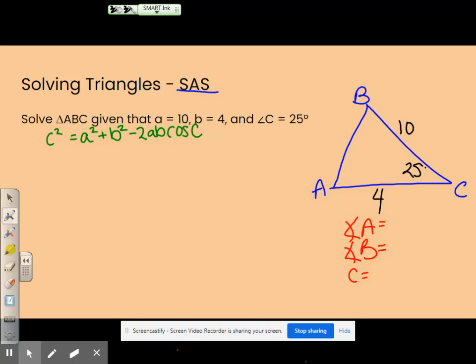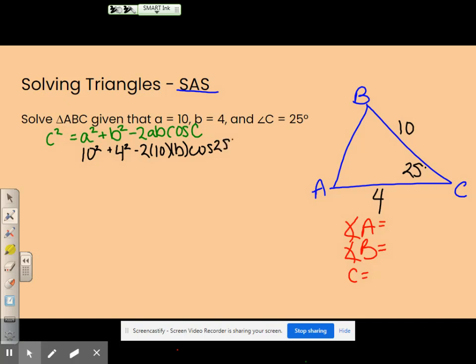Now I get to fill in the values. Our side A is 10, our side B is 4, so I'll fill that in. And our angle at C is 25 degrees.